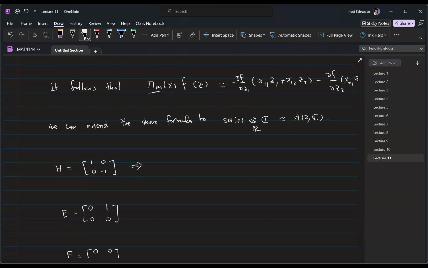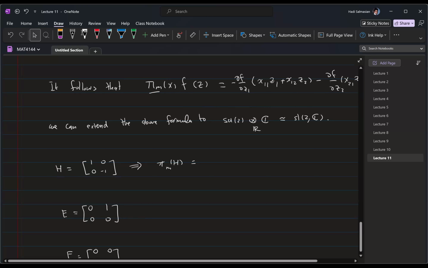Okay? And so then the formula that I get will be very nice. So for this one, pi m h will be this differential operator minus z1 d/dz1. So I just write it like that. I don't put the f anymore. You just plug in f and you get the action, right? Minus z2 d/dz2.